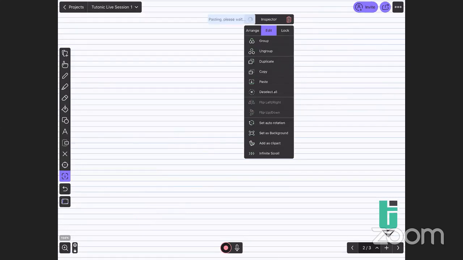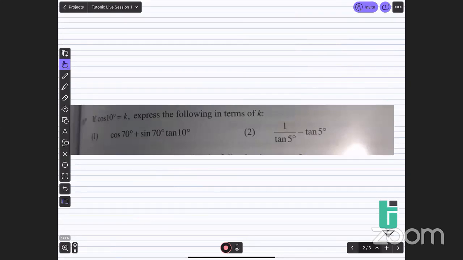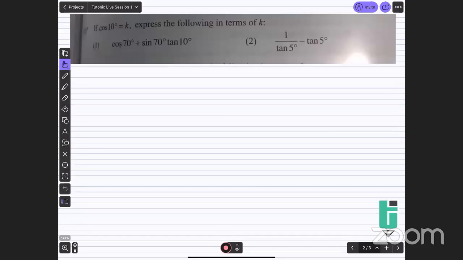So now with these questions, always draw the triangle. The moment they write if sine x equals q, or if cos x equals 5, your brain must automatically tell you, triangle, draw the triangle. So how do we draw the triangle?